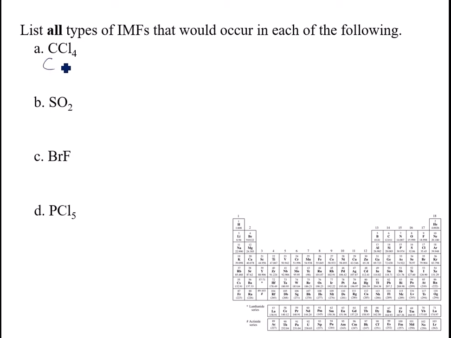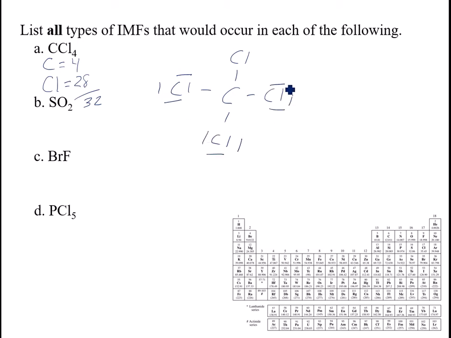Real quickly, carbon has 4 valence electrons. I'm going to start shortcutting this. Chlorine has 7 times 4, which is 28. So that gives me 32. So it's carbon with 4 chlorines around it. That used up 8, and then 10, 12, 14, 16, 18, 20, 22, 24, 26, 28, 30, 32.